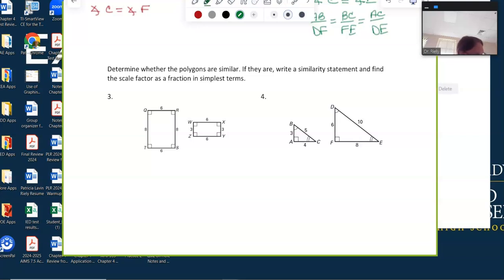Okay, so now it says determine whether the polygons are similar. So to determine, when you're given all four sides, first off, check your angles. Because your angles are all exactly the same, that's the first condition that I've taken care of. So now, because all the angles are the same, it's a good candidate for similarity.